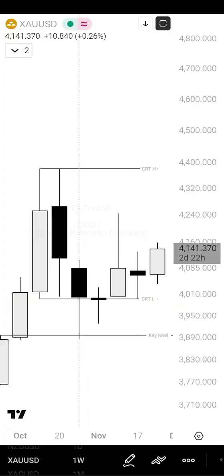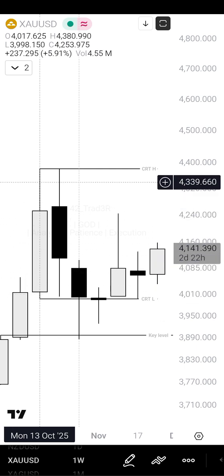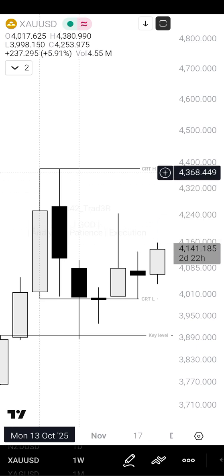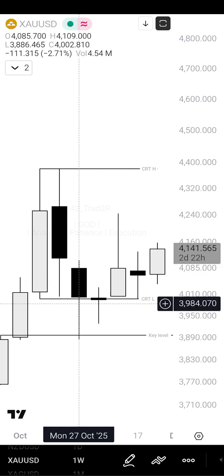So in this weekly range we had an inside bar, where price was failing to take either the highs or the lows. Then we had the manipulation candle.